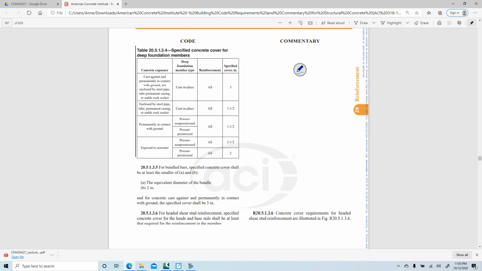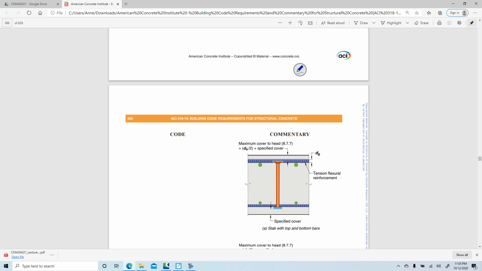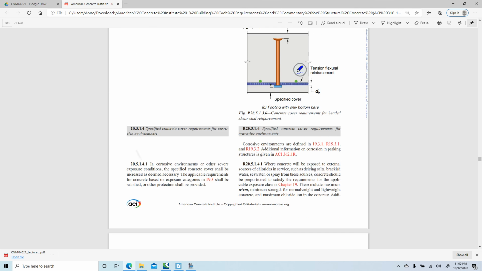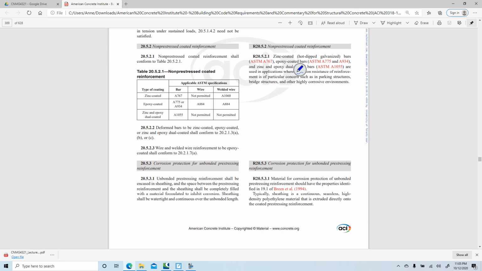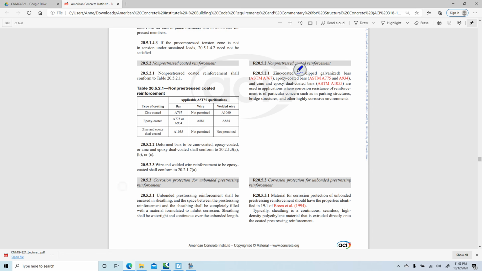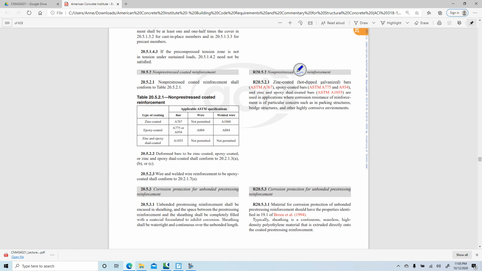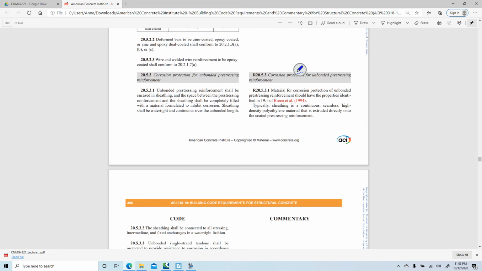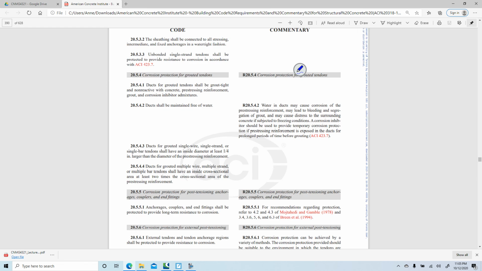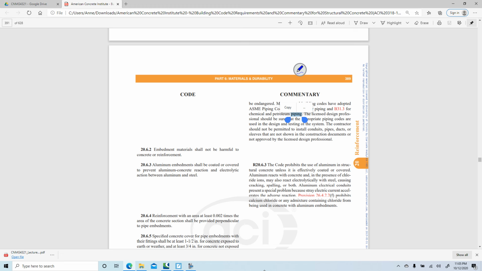Again, we're still talking about like probably 3 inches if it's cast in place. Corrosive environments, coated reinforcement, right? If you add an epoxy coating or something, it's probably going to add some protection, so you can decrease your cover to that. Although the epoxy affects the interaction of the reinforcement with the concrete.